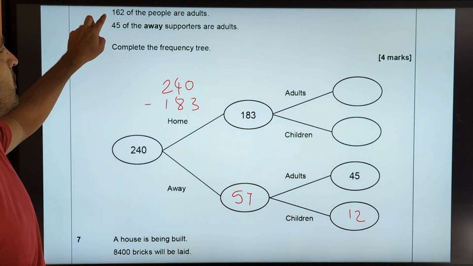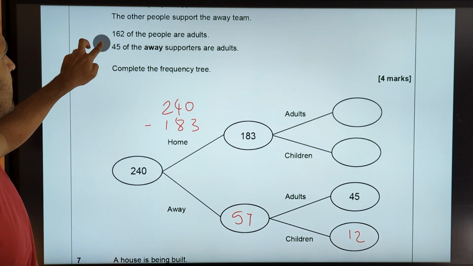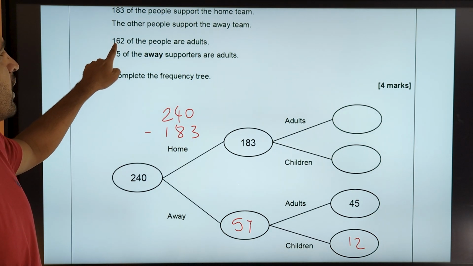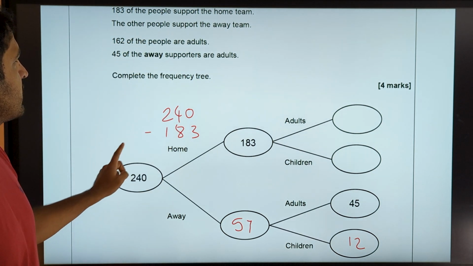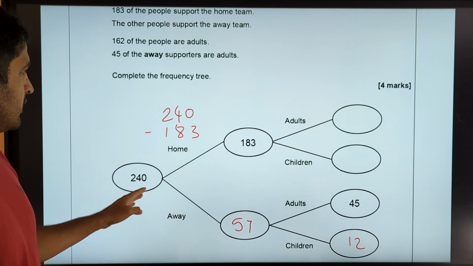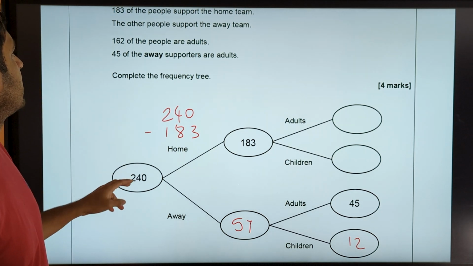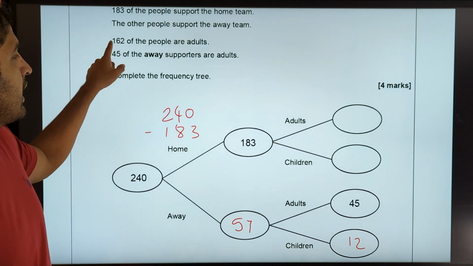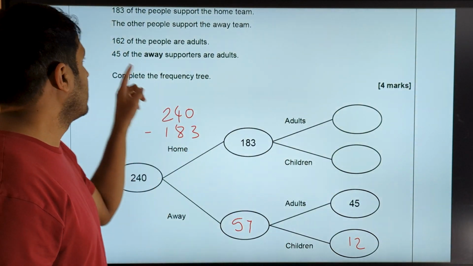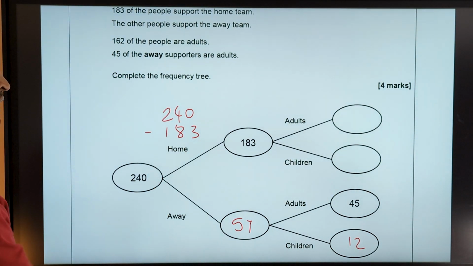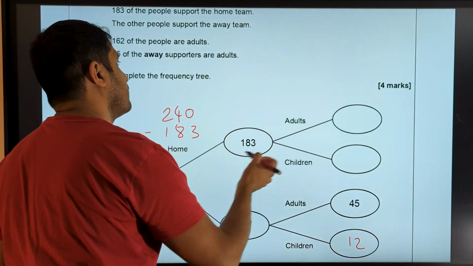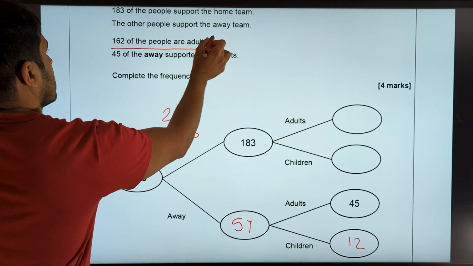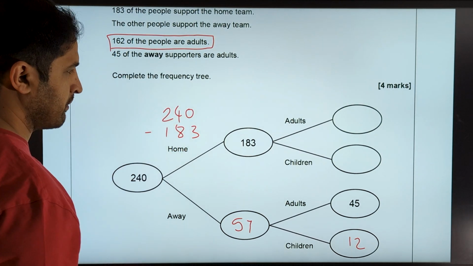And then we also know how many adults support altogether. Okay, so there are 162 adults out of 240. So we can work out how many adults support the home team. This is a really important part of the next 2 marks.